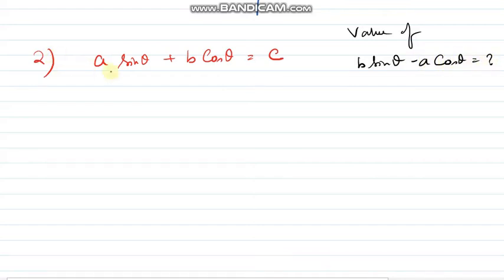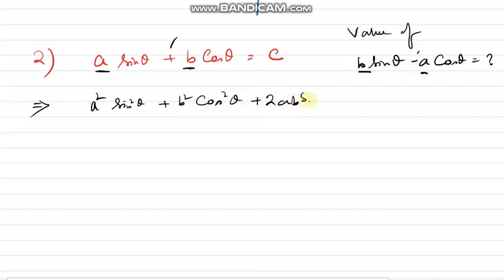Just check, the coefficients of sin theta and cos theta in the required expression are exchanged and the plus sign changes to minus. So for this sum, I will just square it. Very first step, a square plus b square plus 2ab equals c square, right?